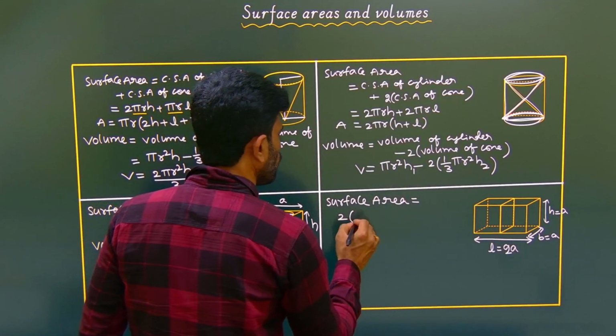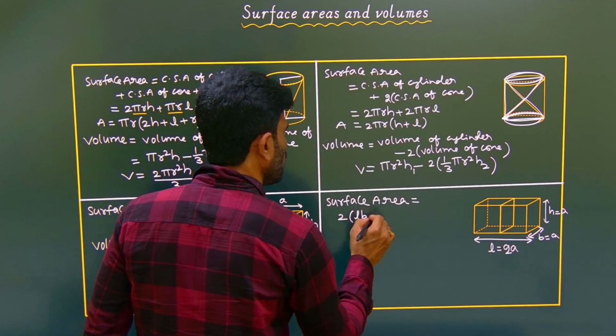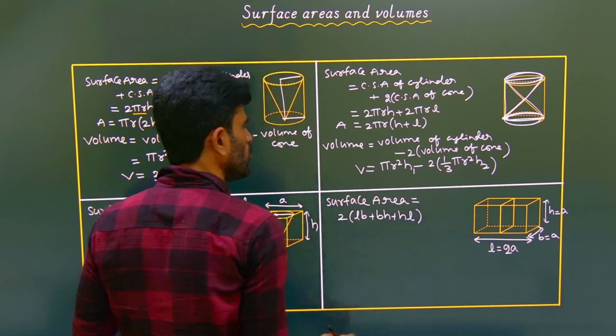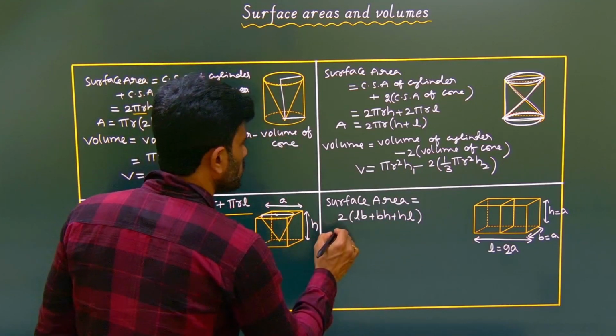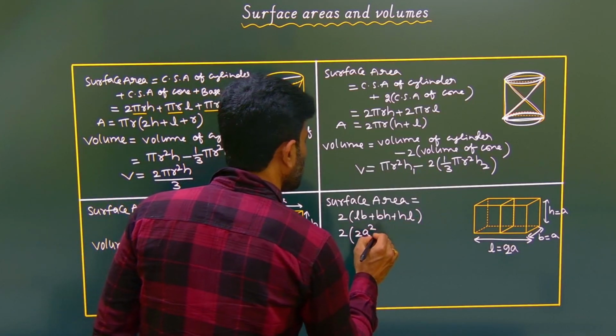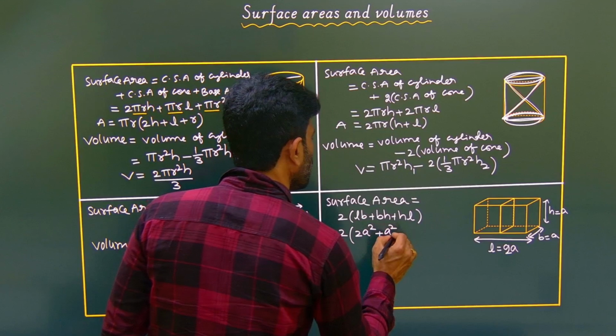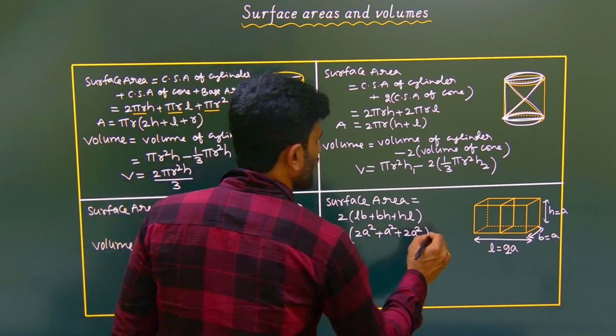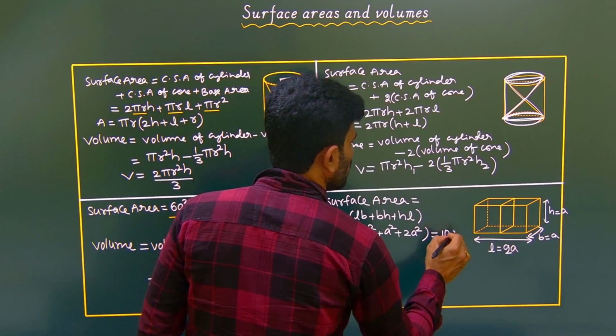So we will substitute all those in the formula 2 into LB plus BH plus HL. So what happens: 2 into 2a into a is 2a square, plus a into a is a square, plus again a into 2a is 2a square. So it is 2 into 5a square, which is 10a square.